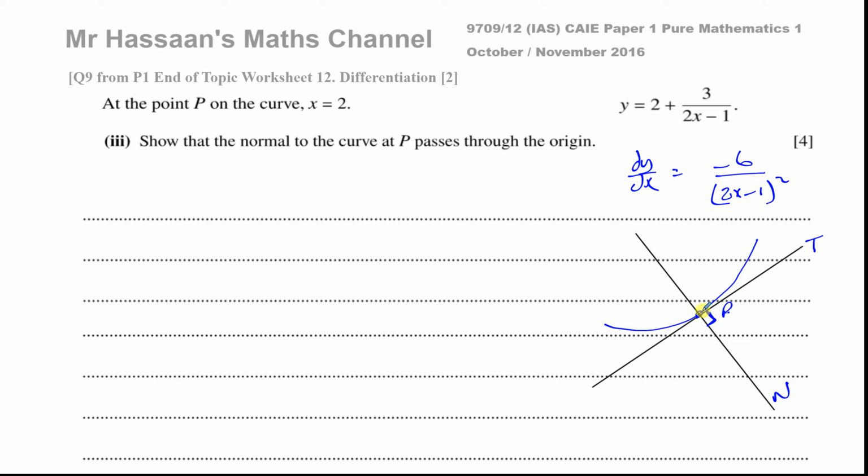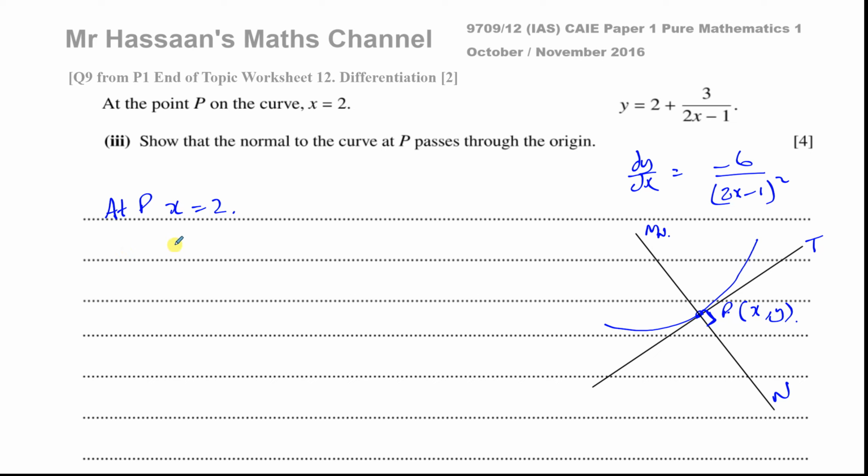So we need to know two things. We need to know the coordinates of point P, and we need to know the gradient of the tangent. If I know those two things, I can find the equation of the normal, and therefore I can then find what I'm looking for. So what I'm looking for is the equation of the normal. So now, first of all, we need to know the coordinates of the point P. So we know at P, x equals 2, as they tell us in the question.